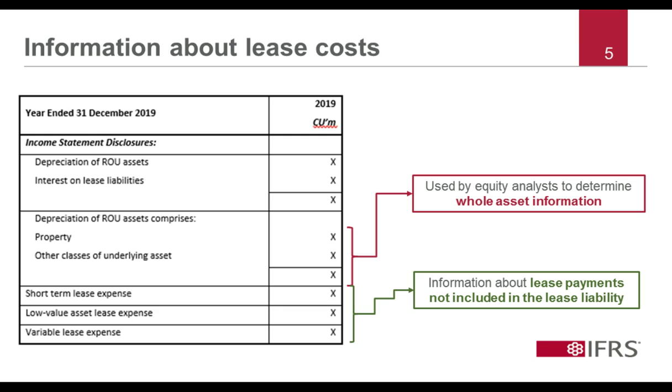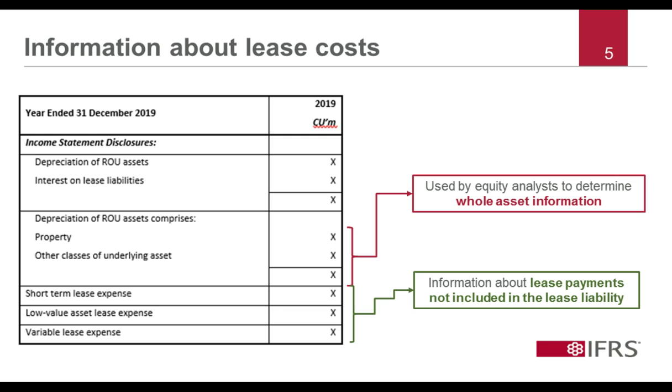So this disclosure requirement is for those users of financial statements, normally the equity analysts, who are looking to estimate whole asset figures. Those analysts want to know the asset that would appear in a lessee's balance sheet if it had purchased assets outright instead of leasing them.